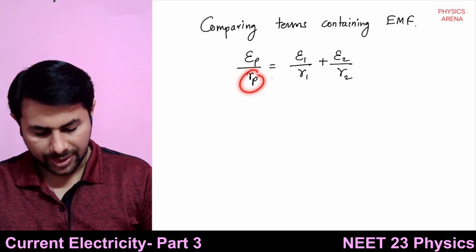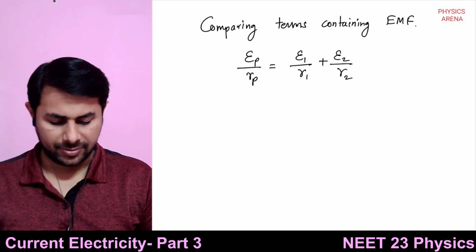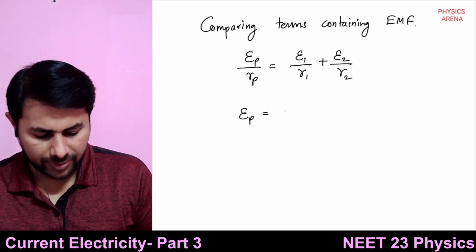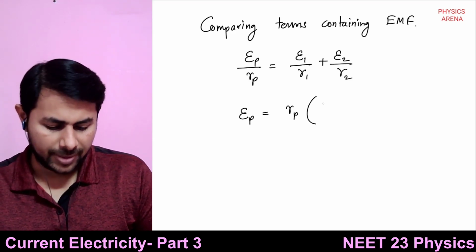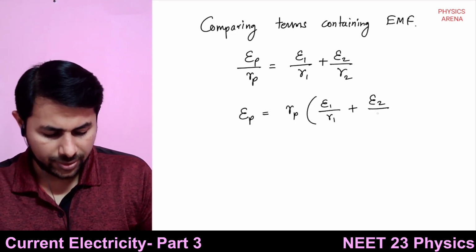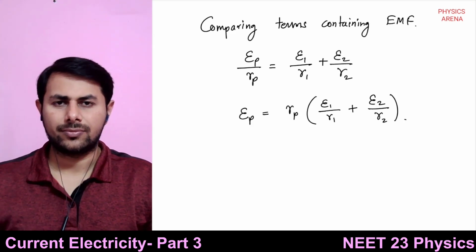Then we can multiply the right hand side by RP. So we get epsilon P is equal to RP multiplied by epsilon 1 divided by R1 plus epsilon 2 upon R2.